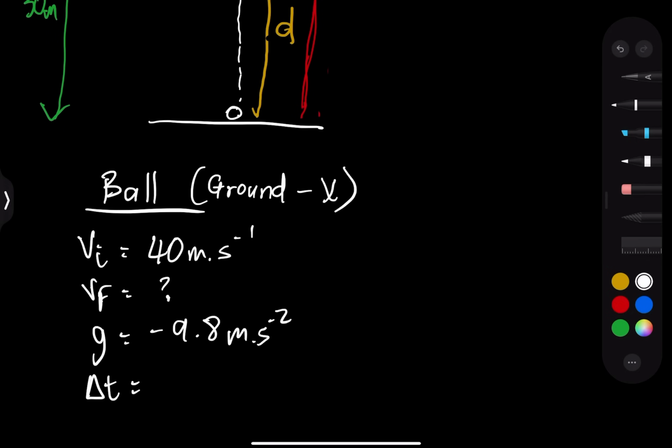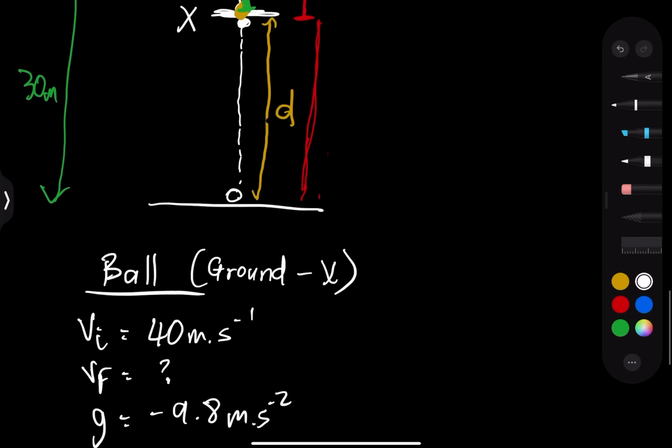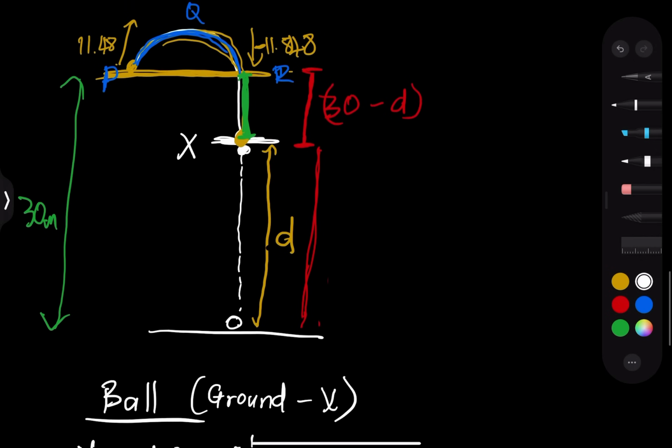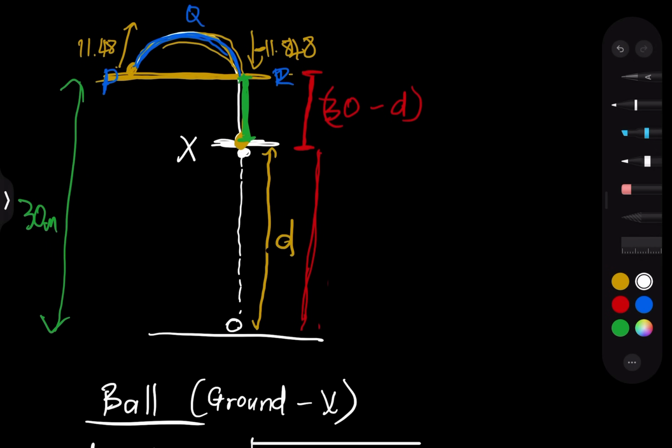Now, let's just consider, for argument's sake, the ball. If we take the time for the disk from the point of throw up until it gets to that position as Tx, how long would it take the ball? Remember that the ball experienced a time delay of 0.5 seconds.